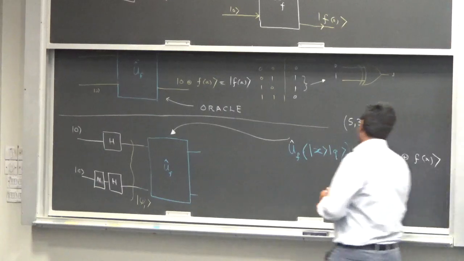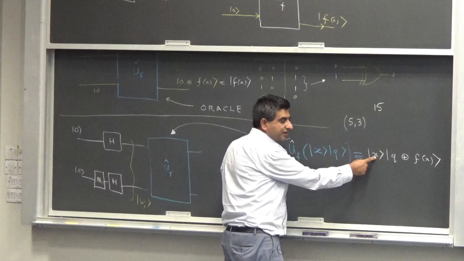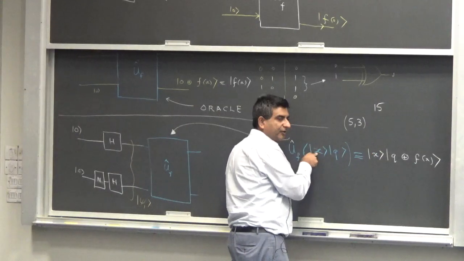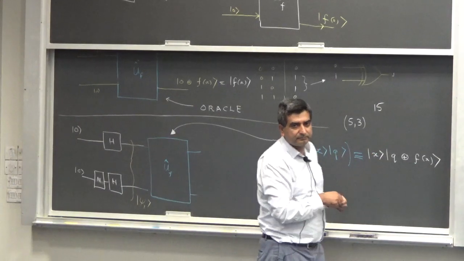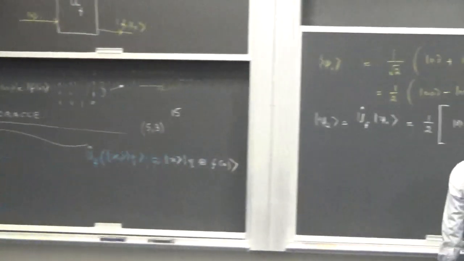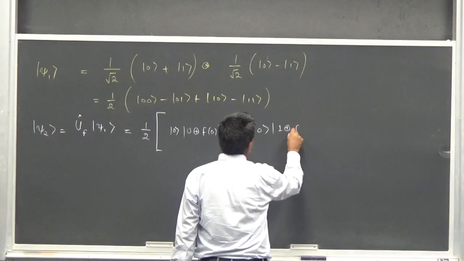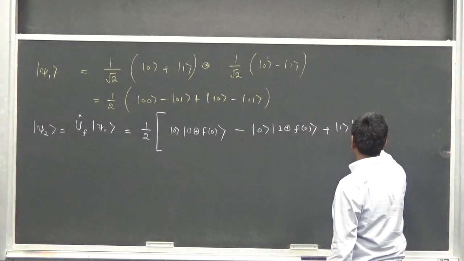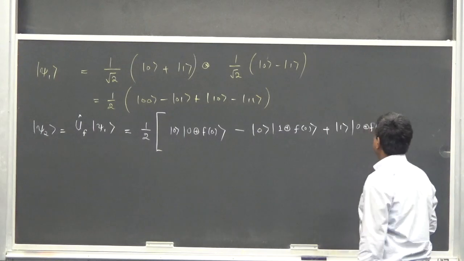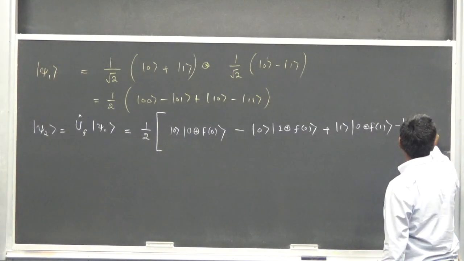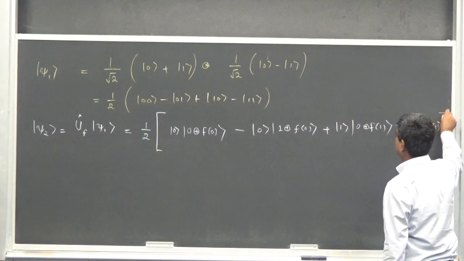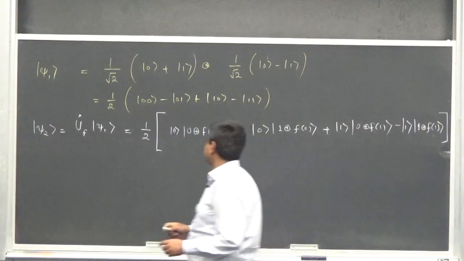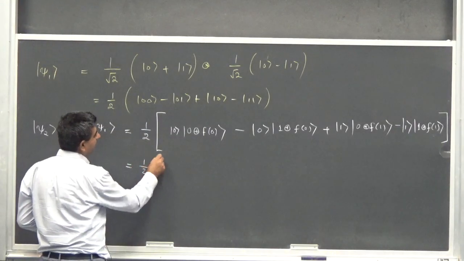So the unitary function acts. This is my first qubit. This is my second qubit. The first qubit remains unchanged, and for the second qubit, you take the exclusive OR of the state of the second qubit with the function acting on the label of the first qubit. Then minus 0, 1 exclusive OR with f acting on 0, plus 1, 0 exclusive OR f acting on 1, minus 1. So I just simplify this.